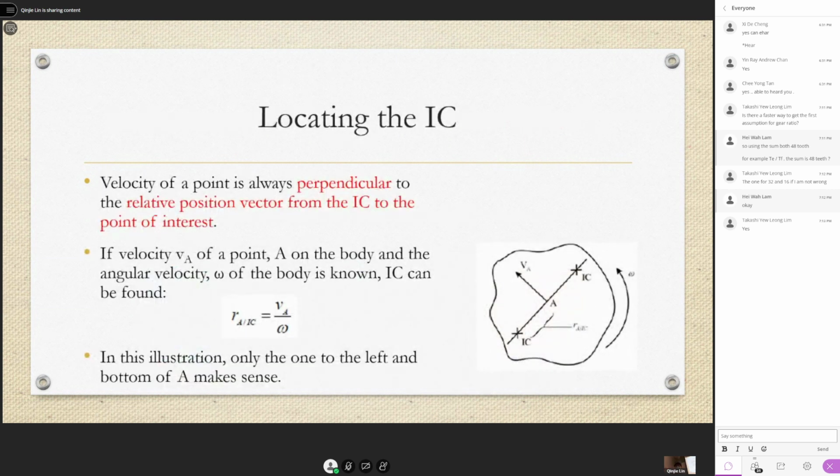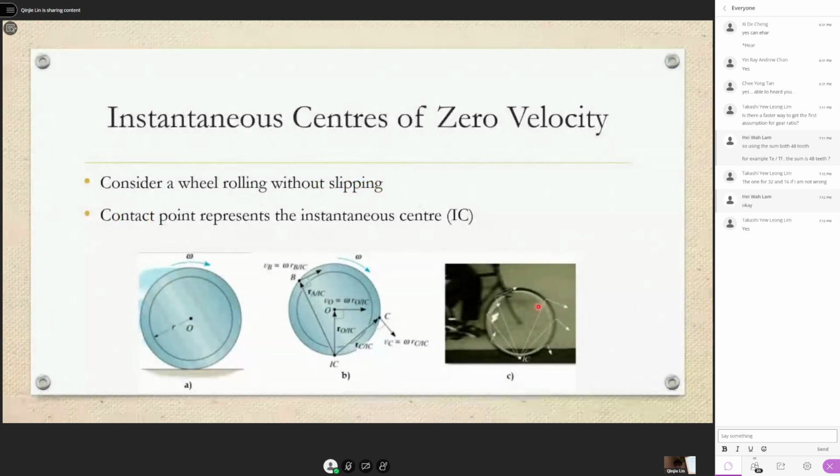Now we talk about IC, which is the instantaneous center. Velocity of a point is always perpendicular to the relative position vector from the IC to the point of interest. So remember, we come back to the rolling motion first because we studied this one before.